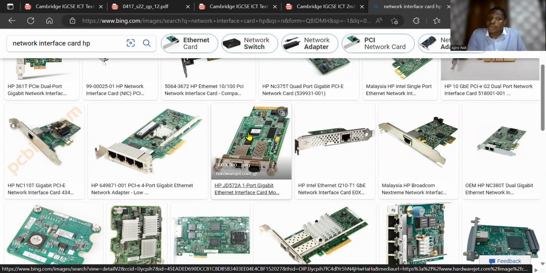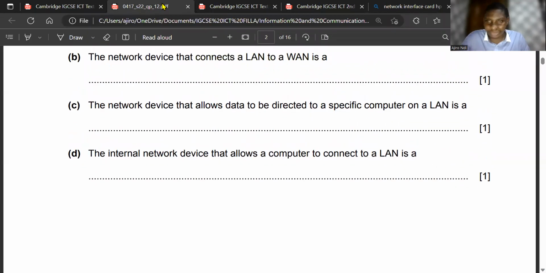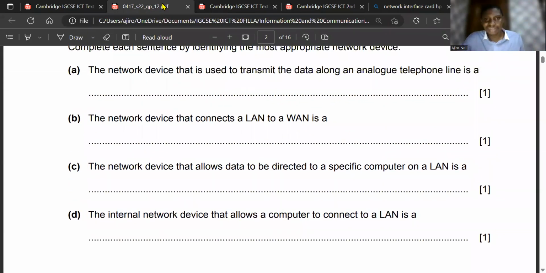Anything internal, those are components found inside. Unlike desktops, on laptops everything is mounted on the motherboard, both your keyboard and touchpad, which is your system unit. I want you guys to understand, so whenever you see questions like this, you will know how to answer them.